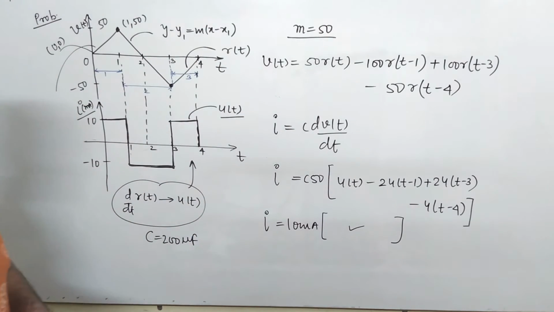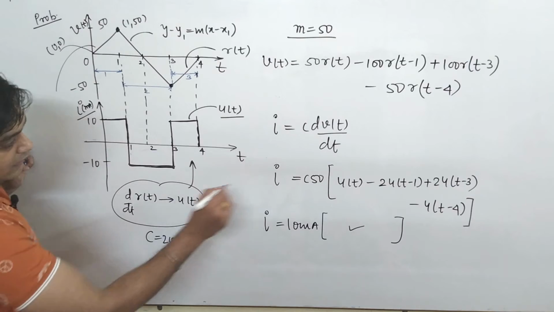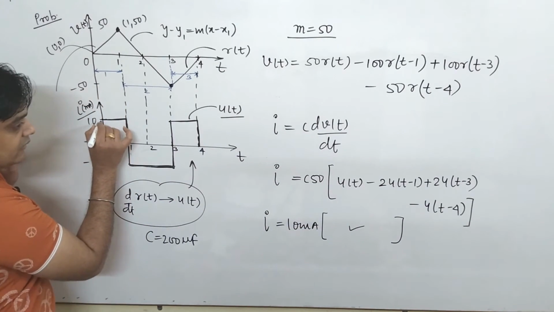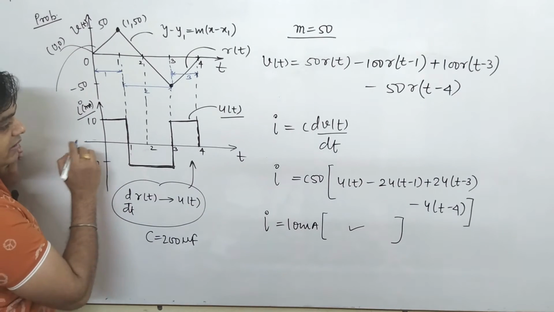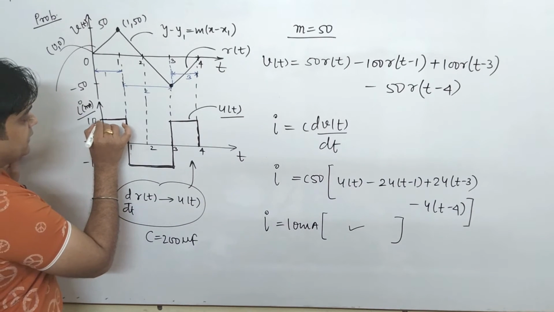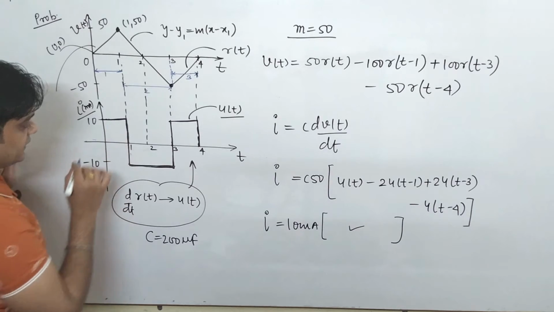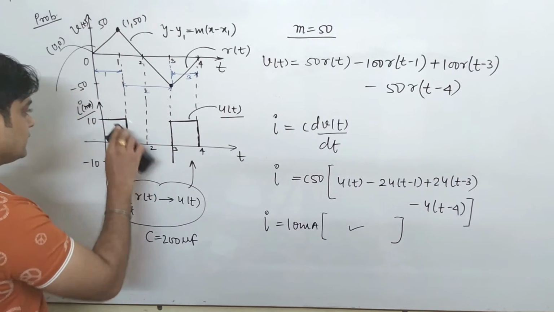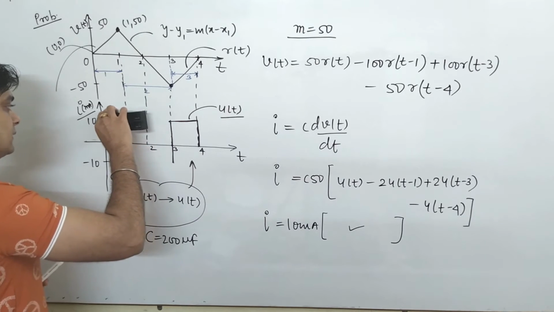Now we draw it. Now please see, I'm going to draw it here. Now see, this is your u(t). Please see, here itself I am drawing. This is 10 milliampere coming here. This is your u(t). It is moving in this fashion. What I will do, I will just remove this for better understanding.